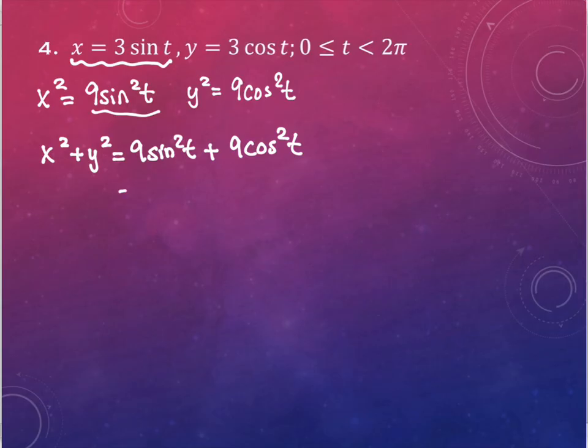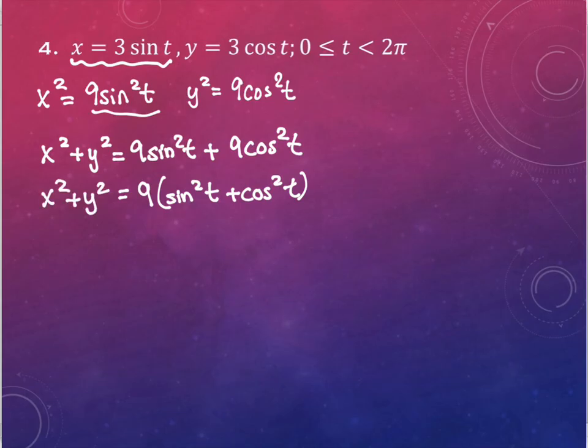So I will take care to pull the 9 out to make sure everybody can see it. They both have a 9 in them. I can rewrite this as 9 times sine squared plus cosine squared. The left-hand side is x squared plus y squared, and there's nothing wrong with an x and a y being there. And sine squared plus cosine squared is 1. So my equation in rectangular form becomes this.